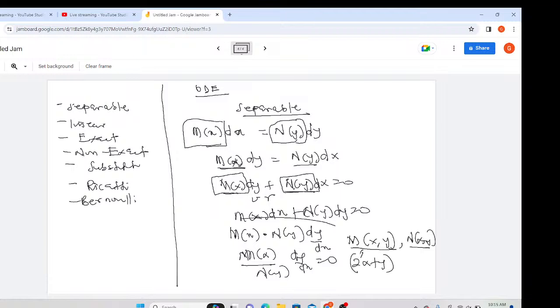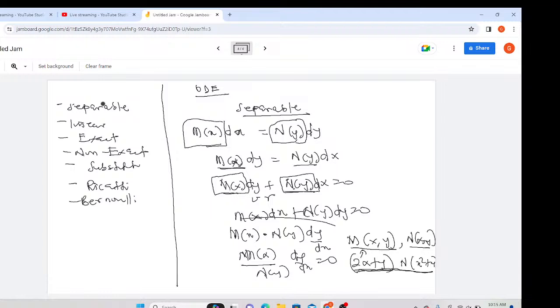This is for only m. And n is another function of x and y, let's say x squared plus y. When you have something like this, we can't use the separable method, or we can say that the differential equation is not separable. It means that we can't separate the x from the y completely.